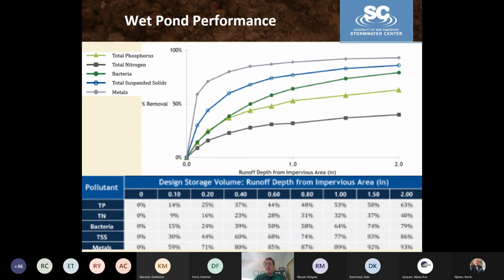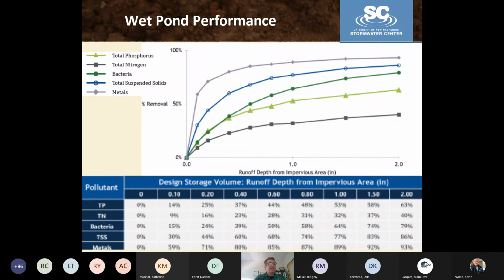For most of our systems that we're designing for new construction and redevelopment, that criterion is 1 inch. So you size for the 1 inch rainfall event, and that's typically statically sized. One inch of rainfall generates a runoff from your drainage area, you put it in your system, and your system is designed to statically store that water quality volume.